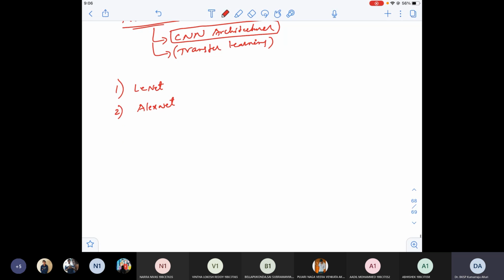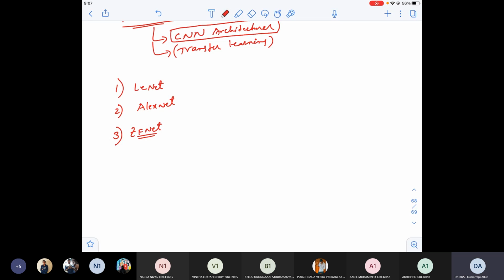Okay. Now in this sequence, the next one is ZFNet. See guys, do not worry about, sir, should we remember all these layers, configurations, all that things. I already have told this answer previously. You don't need to remember the configuration, but you have to remember the sequence at least for basic architectures.